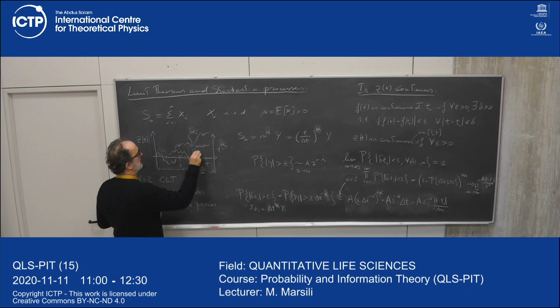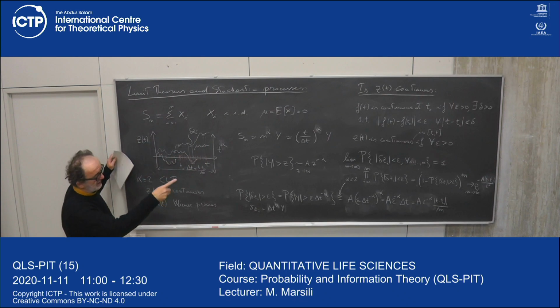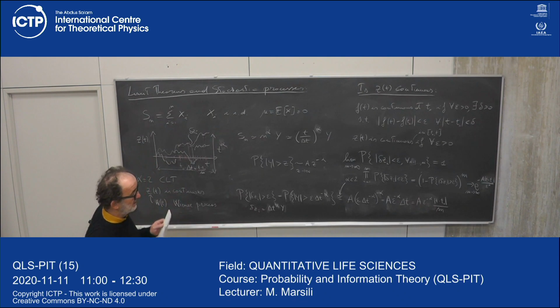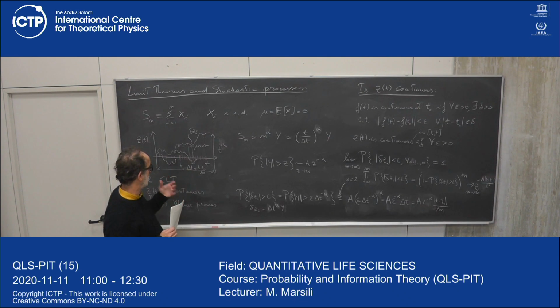And you can refine this argument and see that the probability that you get a jump is exactly given by a Poisson process. So jumps occur independently, and the probability that in a given interval you have k jumps larger than a certain epsilon is given by the Poisson distribution.